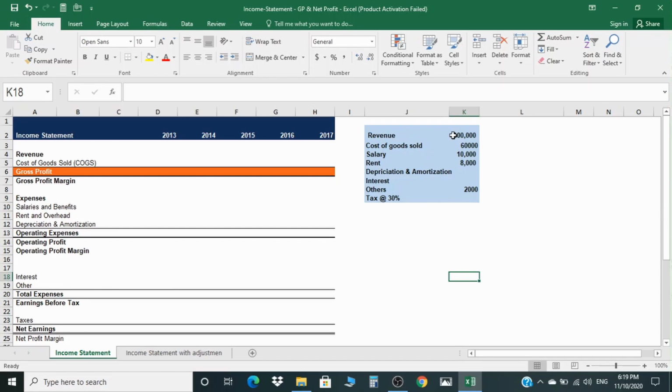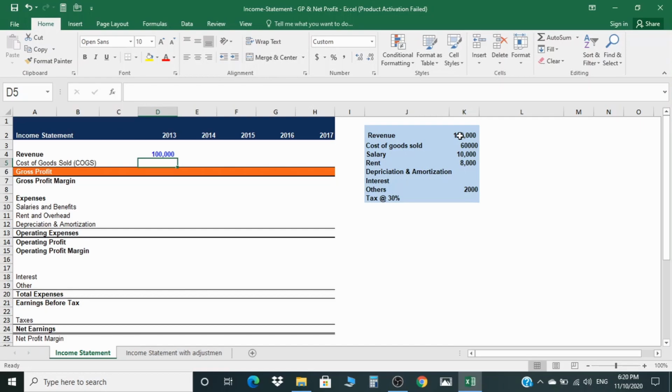As you can see over here, the revenue is over 100,000, right? So you just need to put here 100,000. You just go equal sign, go to here and just enter, and you will get it over there, right? First you have to take the revenue, how much you actually earn.